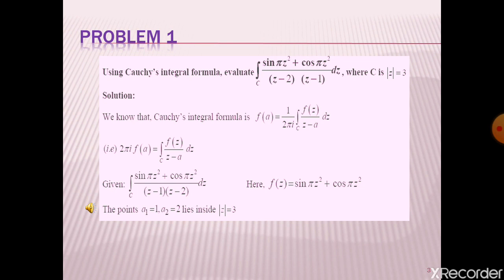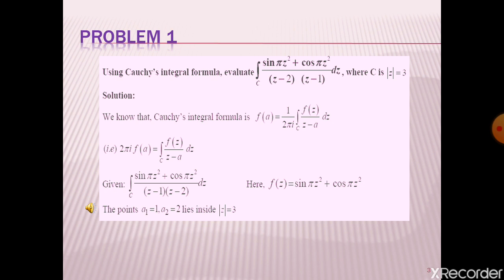Now consider problem 1. Using Cauchy's integral formula, evaluate the integral over C of (sin πz² + cos πz²) / ((z - 2)(z - 1)) dz, where C is |z| = 3. Now we use the Cauchy integral formula. f(a) can be written as 1/(2πi) times the integral over C of f(z)/(z - a) dz.